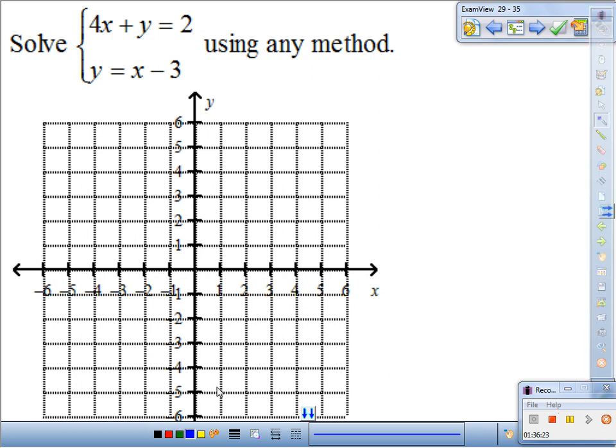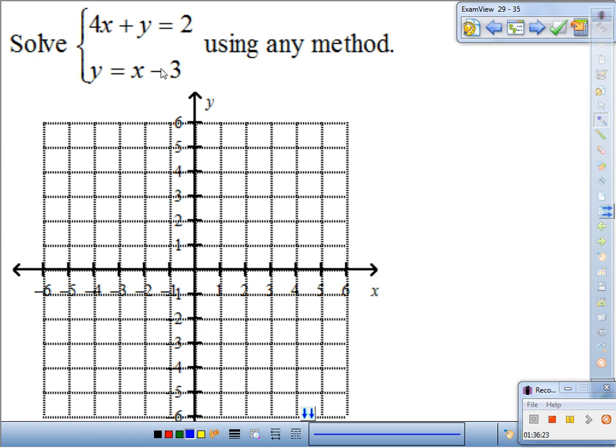Andrea, different methods to solve a system. Okay, Connor. Elimination, substitution, graphing. And graphing, that is correct. Elimination, substitution, and graphing.